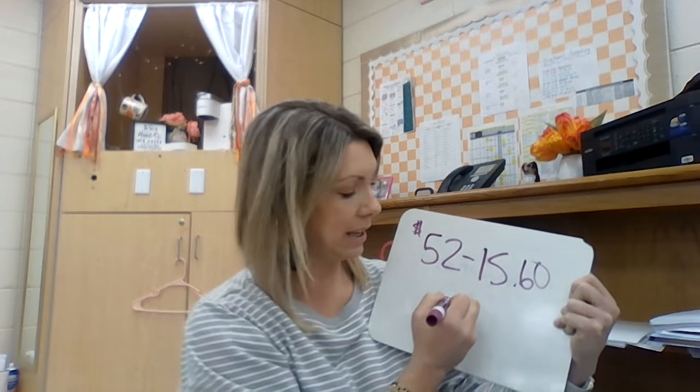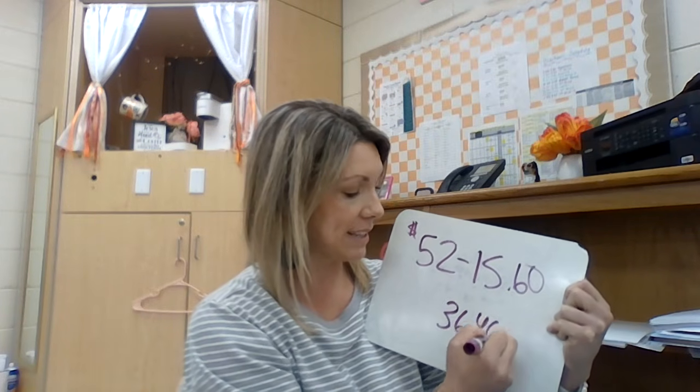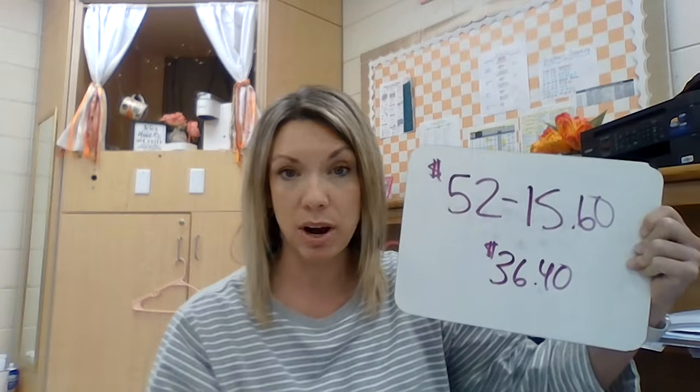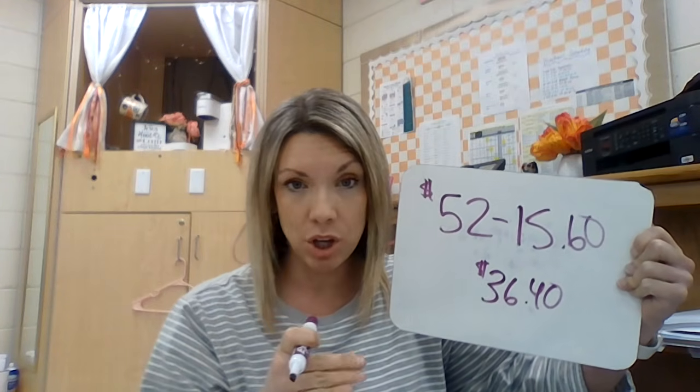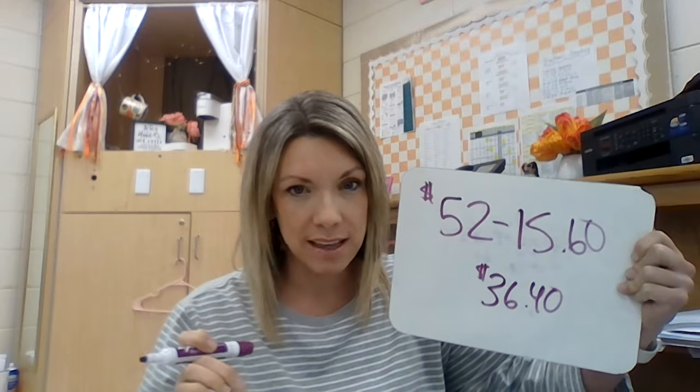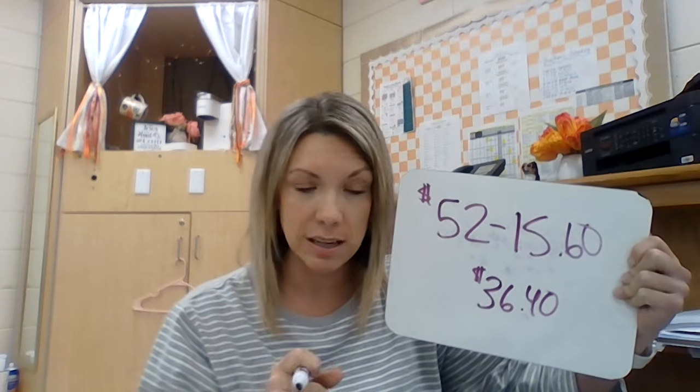So if it's off, then you do $52 minus $15.60. 52 minus 15.60 in your calculator is $36.40, and that would be the new sale price that you would pay. All right. Remember, if it says a percentage off, you find that percent and you take that away, and then that's going to be the price.